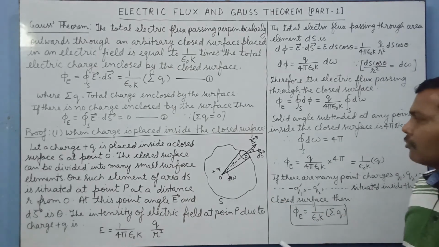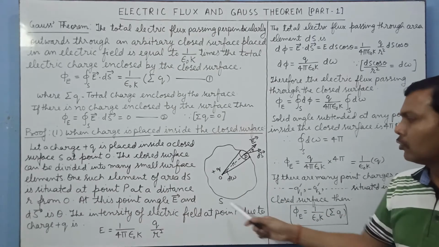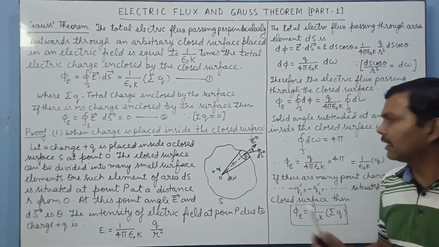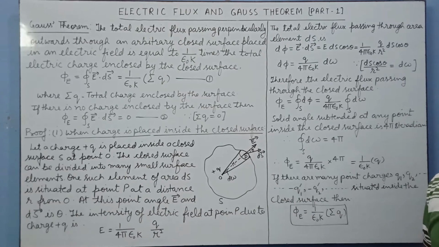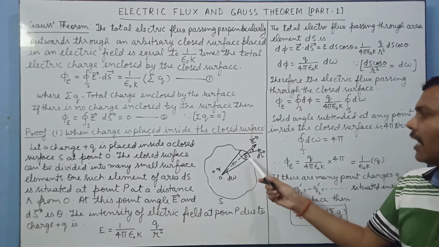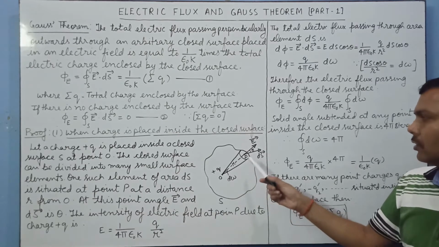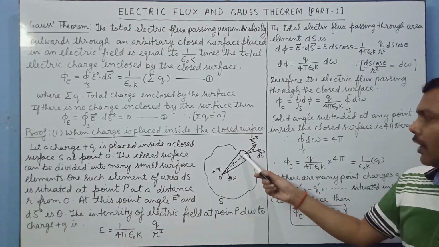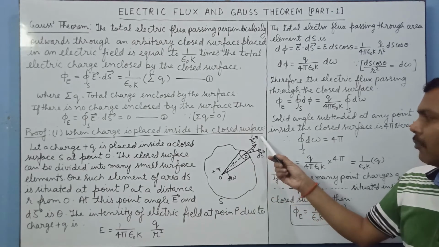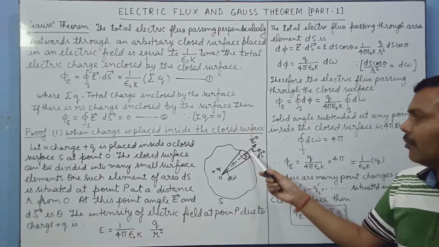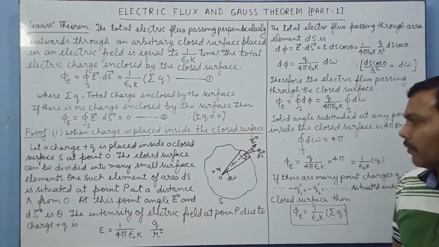Now to find the electric flux passing through this closed surface, we will divide this surface into many small elements. One such element is at point P, whose area vector is ds, and the electric field at point P is capital E. Both are in different directions and the angle between them is theta.